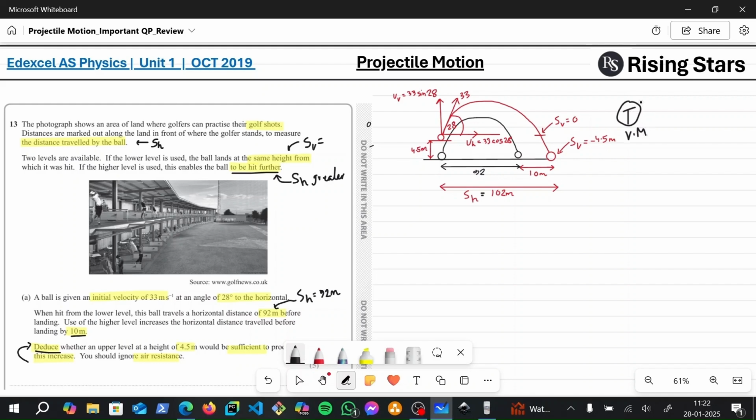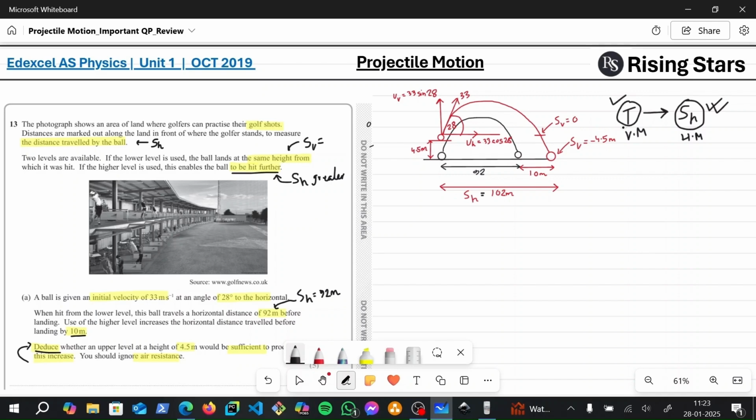And then once you have it, use the time of flight to find the horizontal displacement or range using the horizontal motion. So make sure to remember this workflow, as this is what we always use to get to the horizontal displacement, starting from the time of flight.